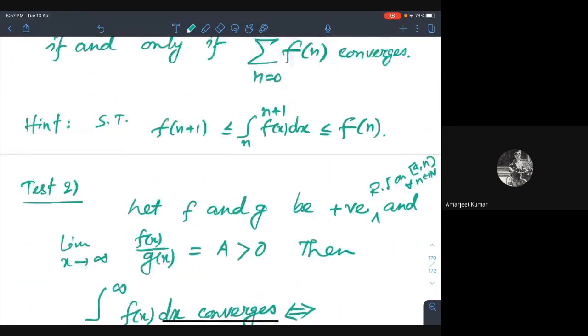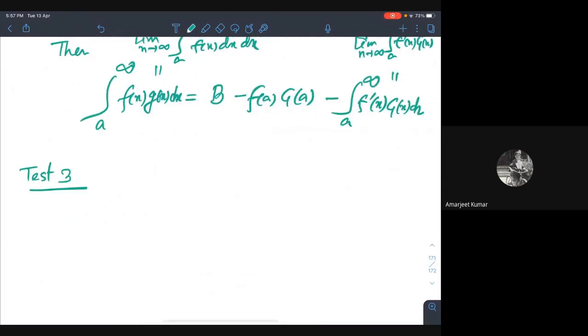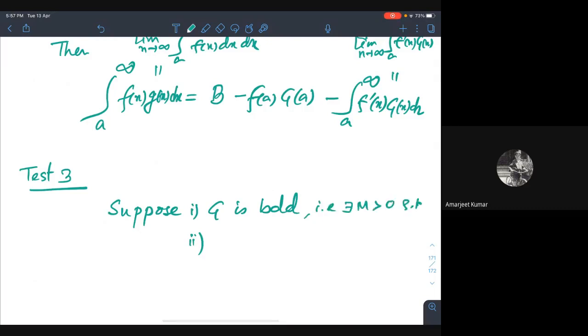Now here is test 3. Suppose G is bounded. That is, there exists M greater than 0 such that the modulus of g(x) is less than or equal to M. Second, f(x) tends to 0 as x tends to infinity.